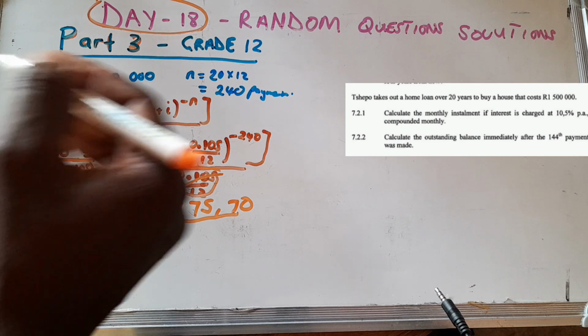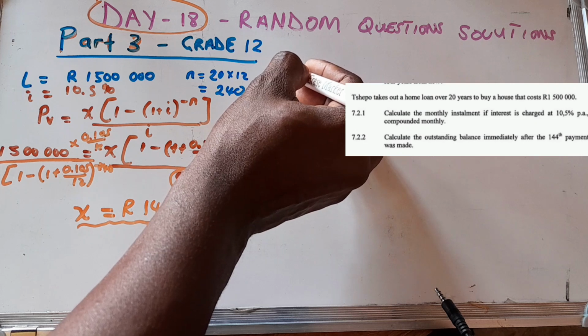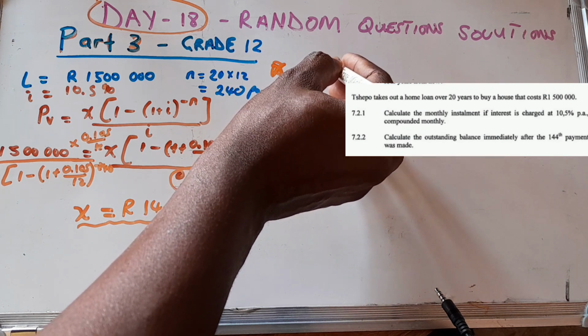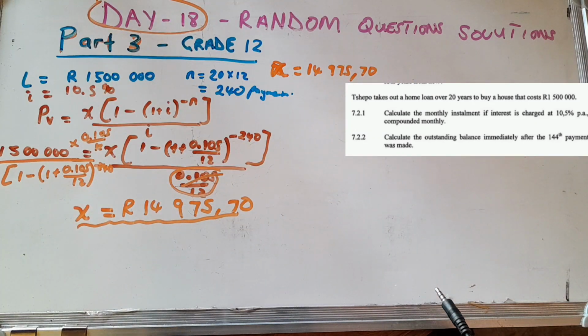So let's just write it there. So he was paying, the x was equal to 14,975.70. This is the amount that he was paying every month.